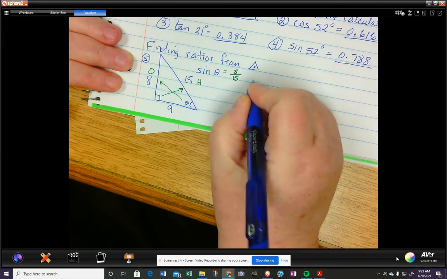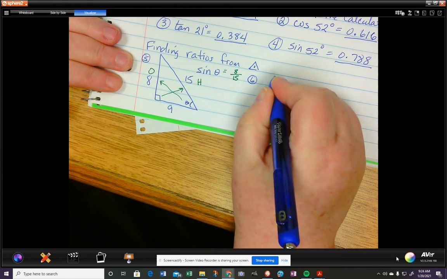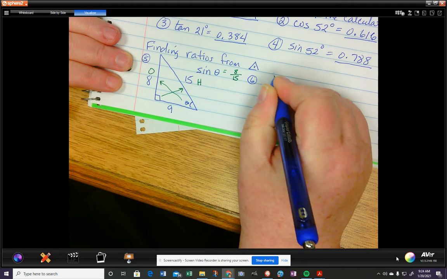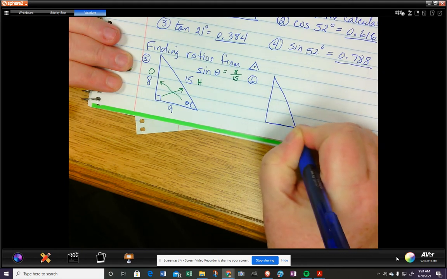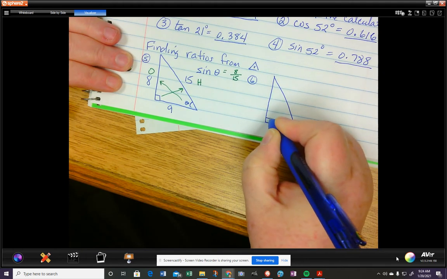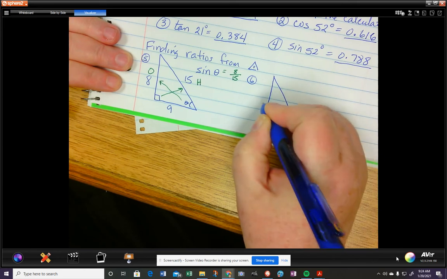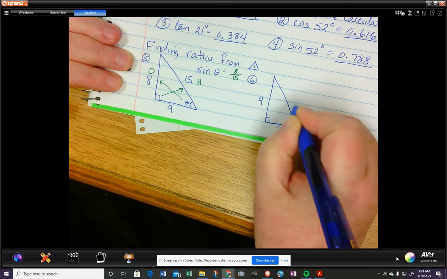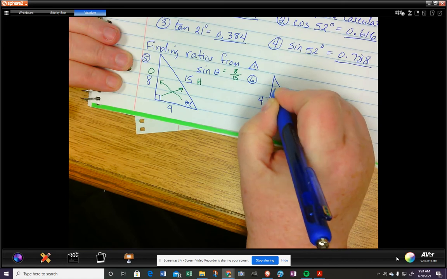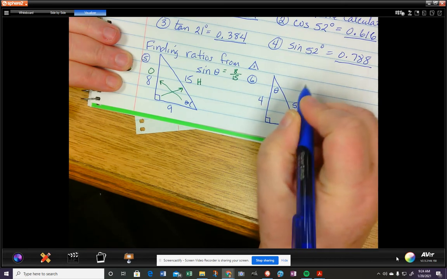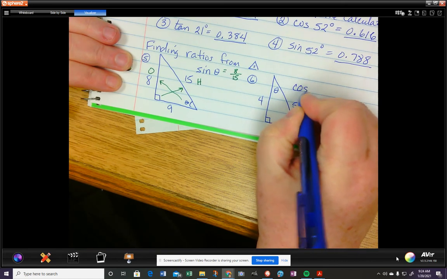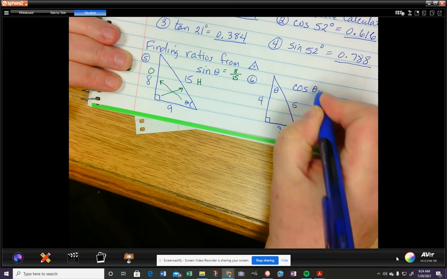Number 6. Try this one. And a right angle, 4, 3, 5. Here's theta, and I want the cosine of theta.